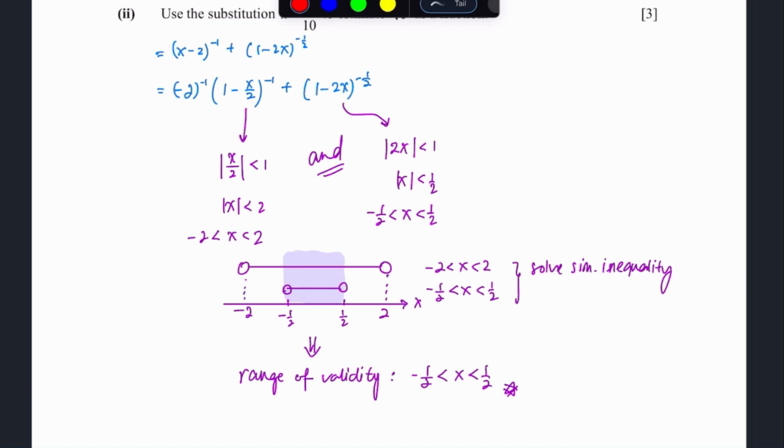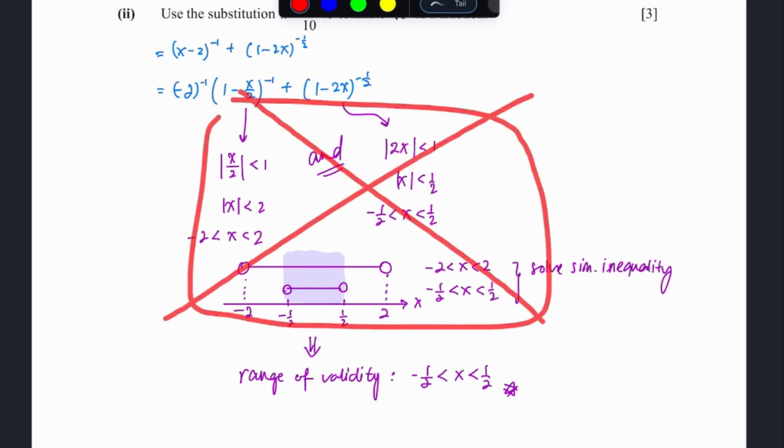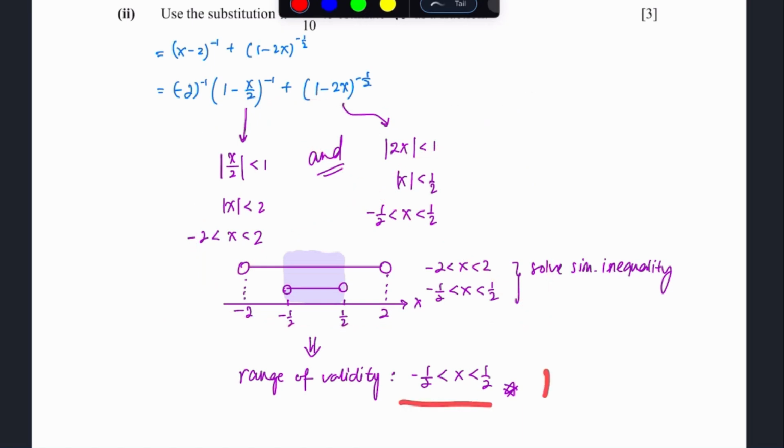One more time, all this working over here gets no marks, because the last mark over here is a B1 mark. The full concept is that you need to understand that you compare these two, but there's no need to work so hard because they don't need us to show it. You just need to look at this and get your range of validity out.